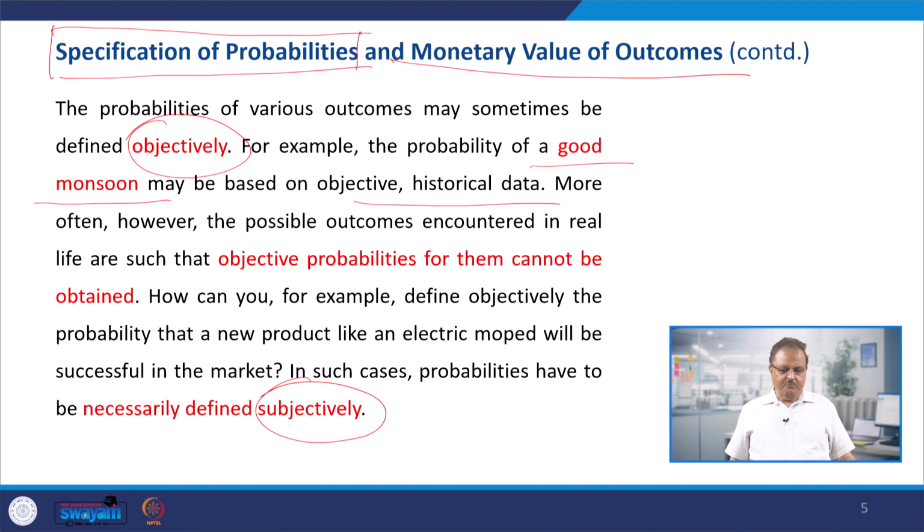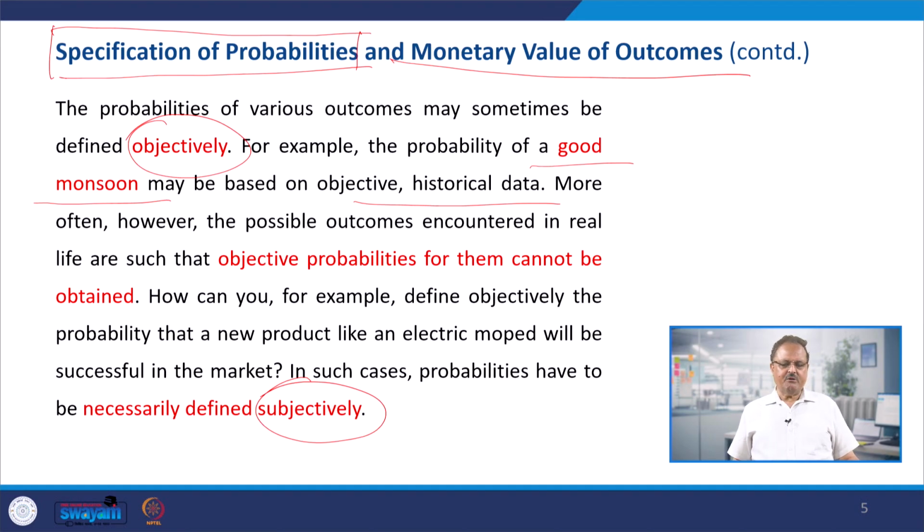So if there are no previous trends, no past data, no historical data, everything is going to be based on your subjective estimates, whether it is assigning the probabilities or calculating the monetary value, right? It's clearly written here, the probabilities of the various outcomes may sometimes be defined objectively.